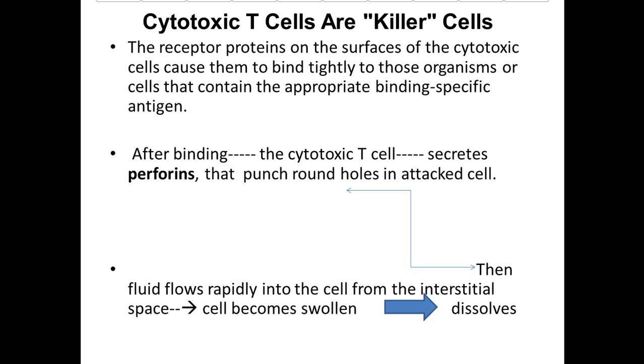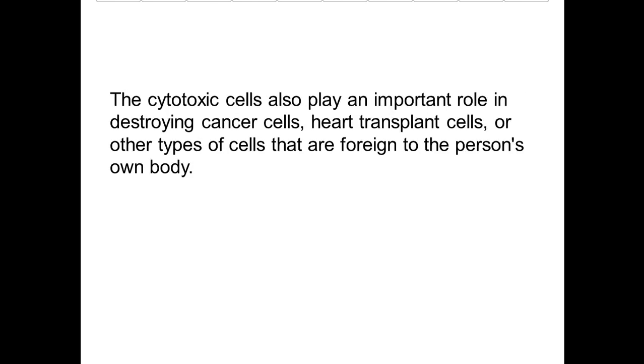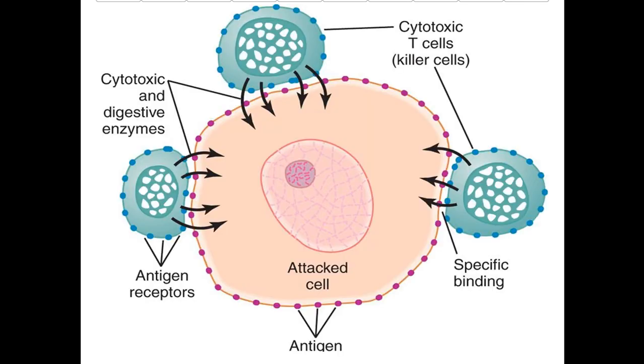Then fluid flows rapidly into the cell from the interstitial spaces. The cell becomes swollen and ruptures or dissolves. The cytotoxic cells also play an important role in destroying cancer cells, heart transplant cells, or other types of cells that are foreign to the person's own body.